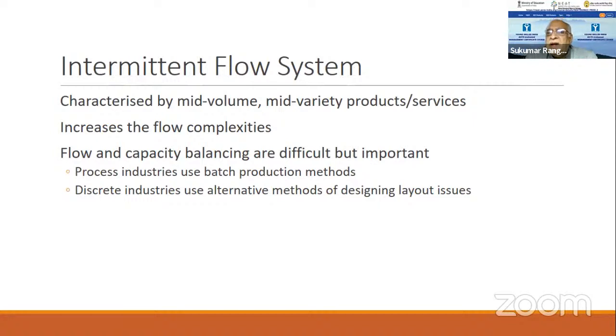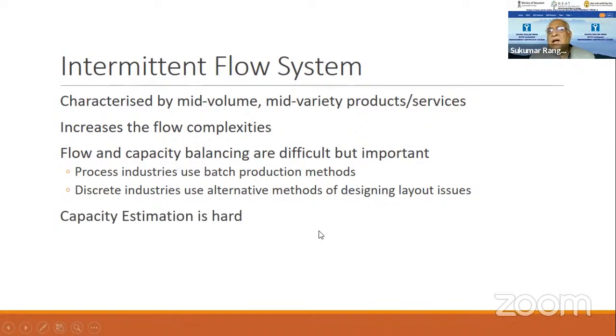So we have dedicated lines for certain sizes, but many of the other processes are common. So balancing lines becomes quite difficult in these. But that is what the production planning and control job is, to take care of this flow balancing.